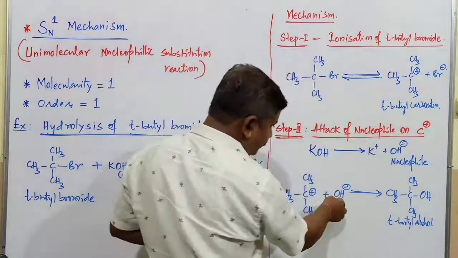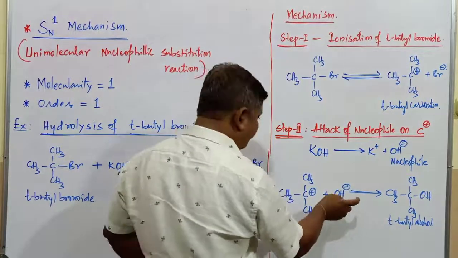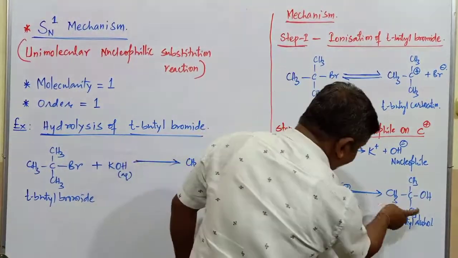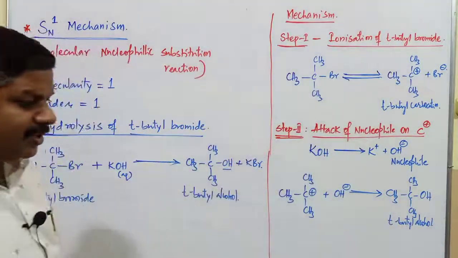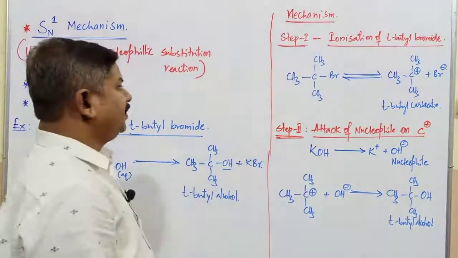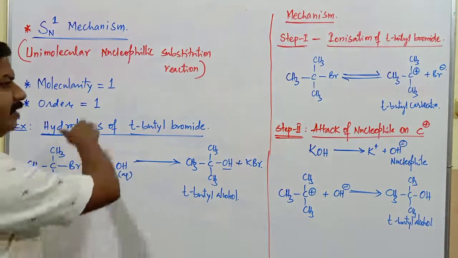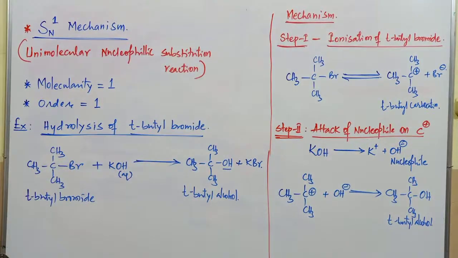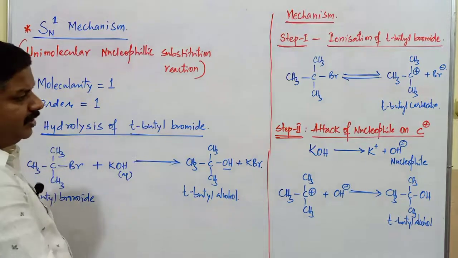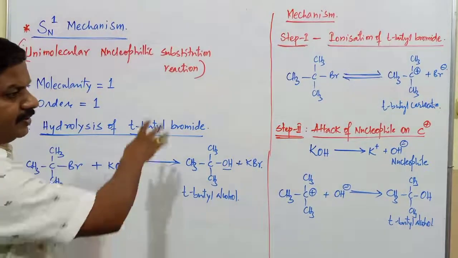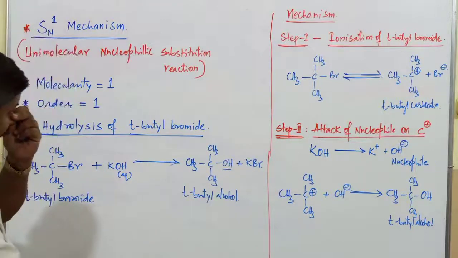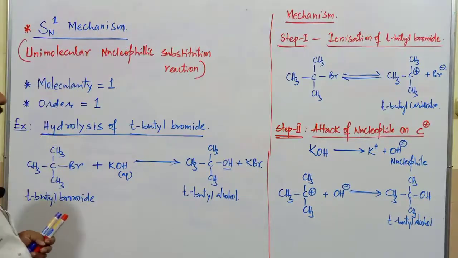OH- serves as the nucleophile and attacks the carbocation to form the product, tertiary butyl alcohol. This is a simple mechanism, and if it is asked in the board examination, you have to write only this much about the mechanism for the SN1 reaction. I'll also explain the kinetic part of this mechanism. Copy these two steps very fast.